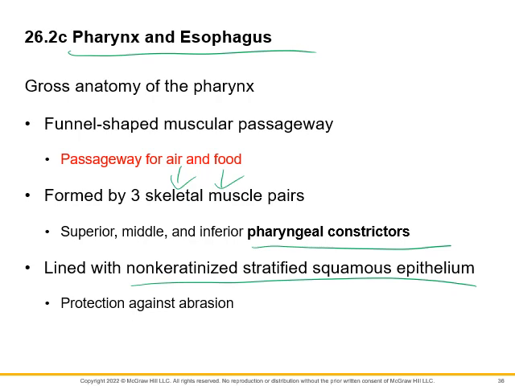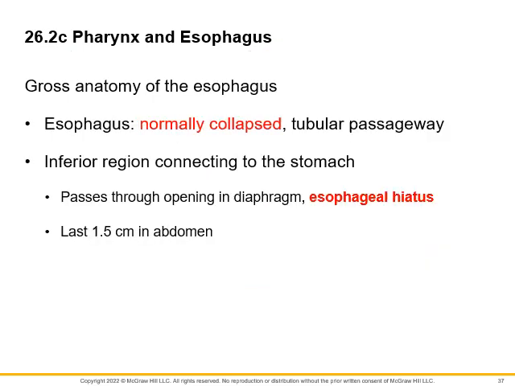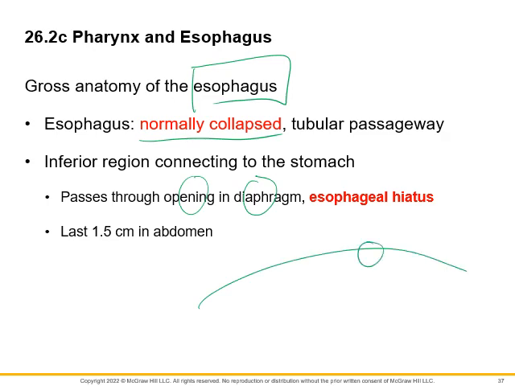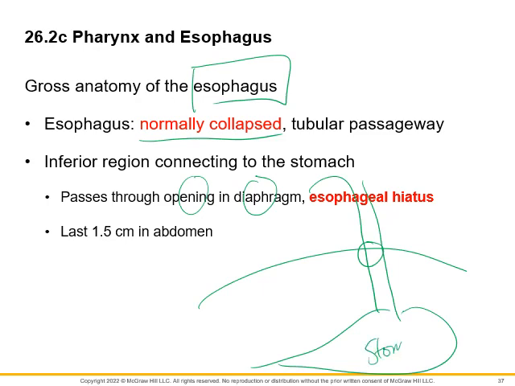This area is going to be lined with non-keratinized stratified squamous epithelium, for abrasion protection, but we're not making that lipid protein keratin. The esophagus is normally collapsed. The opening of the diaphragm where the esophagus enters, and then we'd have stomach here, that opening is called the esophageal hiatus. So this would be the diaphragm.